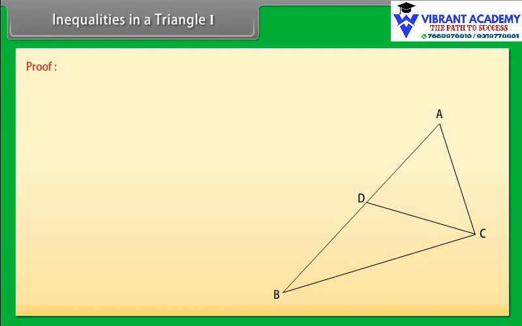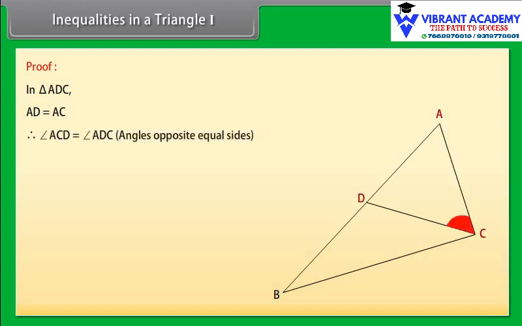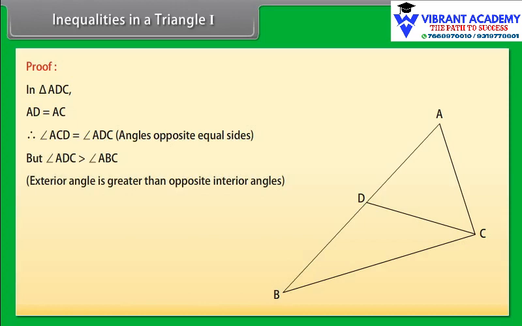Proof. In triangle ADC, AD is equal to AC. Therefore, angle ACD is equal to angle ADC because angles opposite equal sides of a triangle are equal. But angle ADC is greater than angle ABC because an exterior angle is greater than the opposite interior angles.